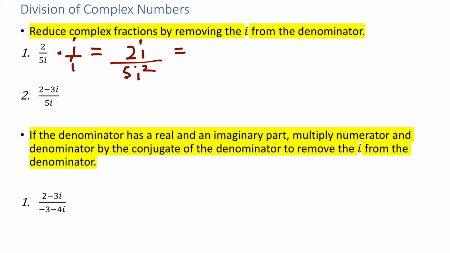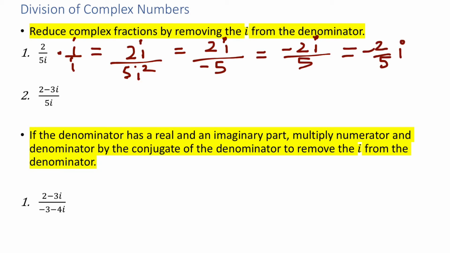So that's equal to 2i over, i squared is negative 1, so that's negative 5. So this is negative 2i over 5, or you could write it as negative 2/5 i. So negative 2/5 is the coefficient of the imaginary part of the complex number. So in this one, a is 0, b is negative 2/5.